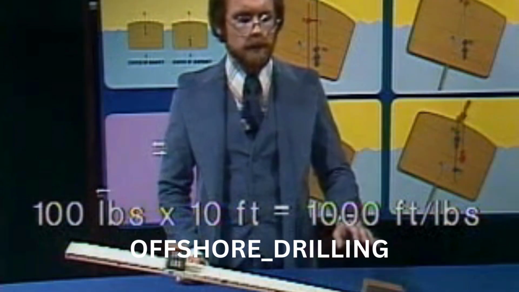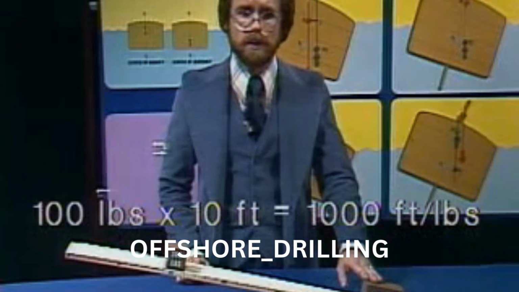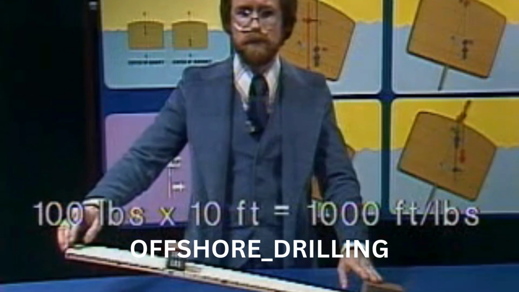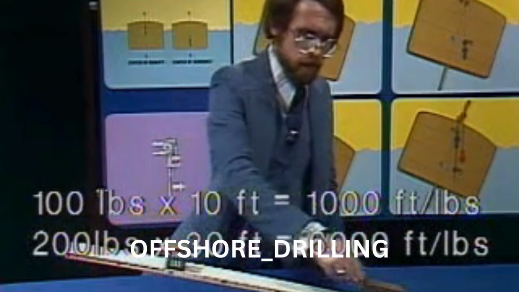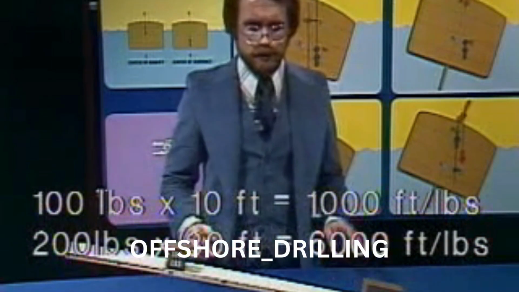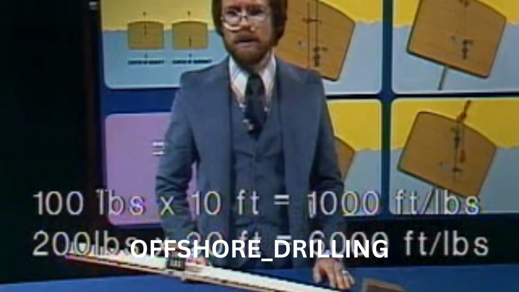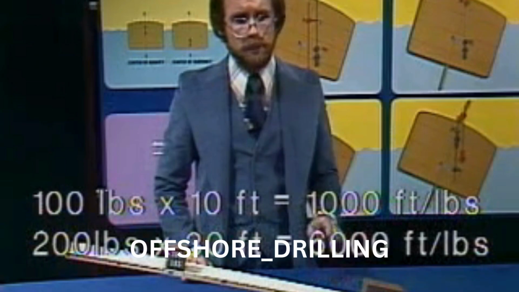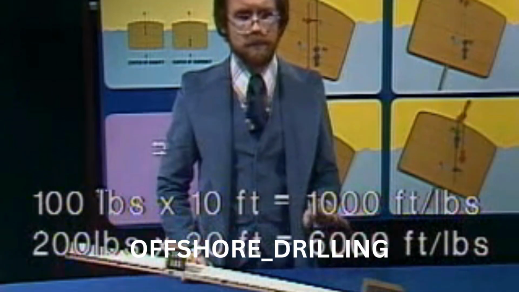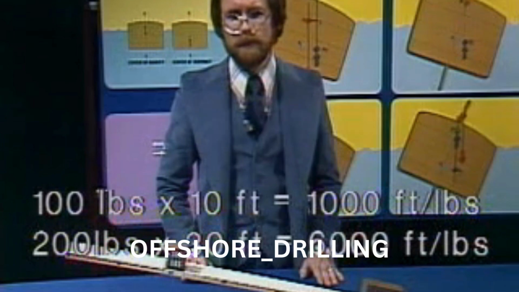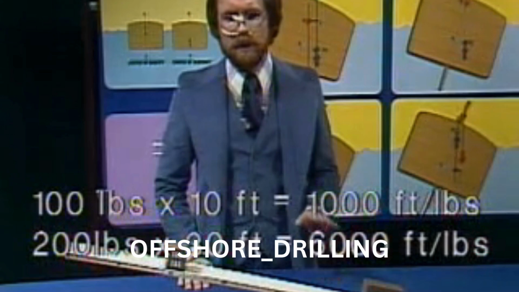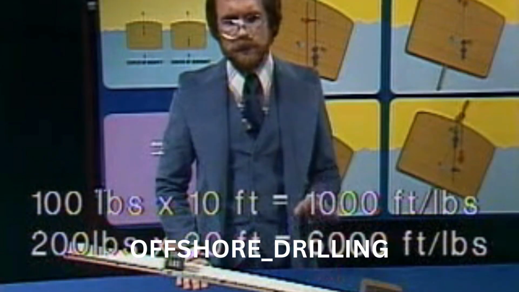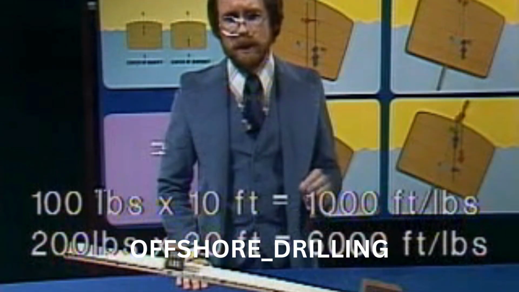In order to calculate the moments of the 200-pound weight about point A, we multiply 200 pounds times 30 feet, which is the distance of the 200-pound weight from point A, and we get 6,000 foot-pounds. Now we can find the distance that G must be from point A if we divide the total moments by the total weights.